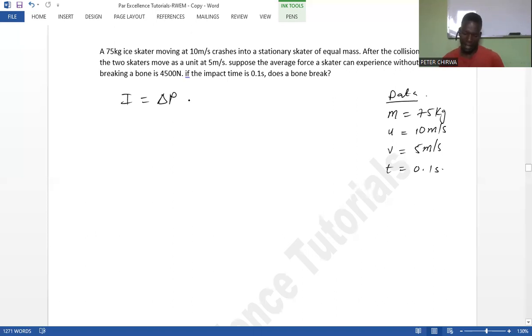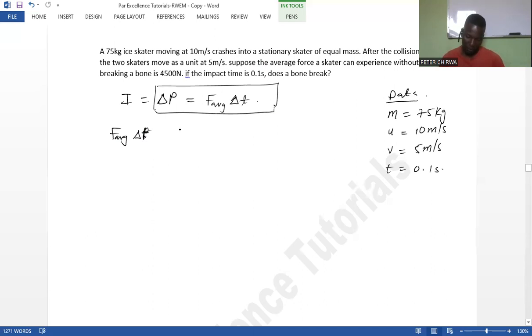And this again is equal to the average force times the change in time, or the time of impact. All this part means impulse. So I'm going to pick that part, and what I'm going to have is the average force times the change in time, being equal to the change in momentum.